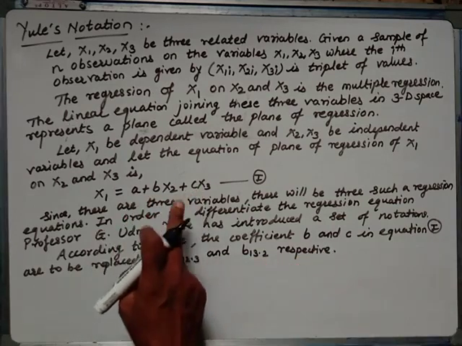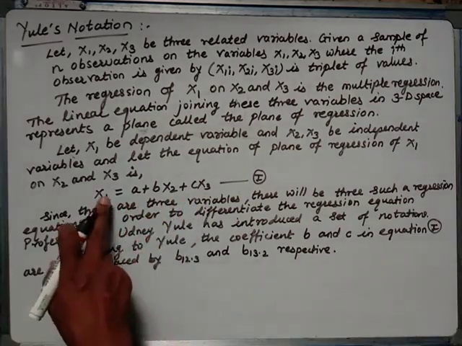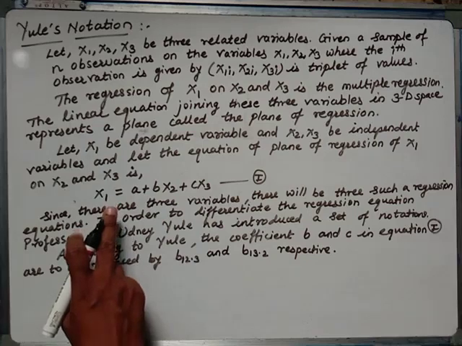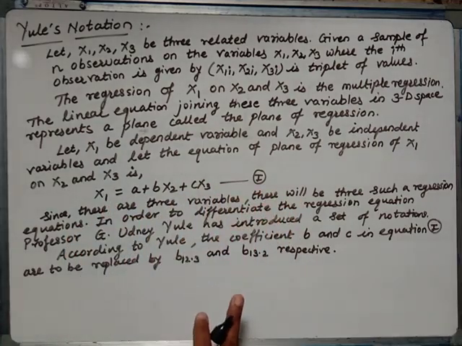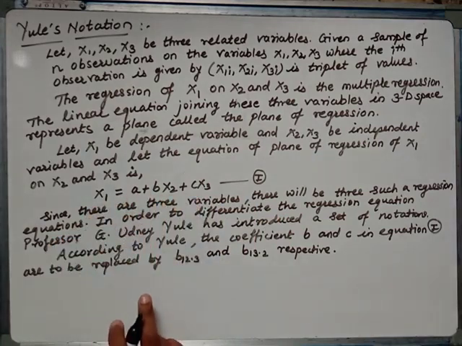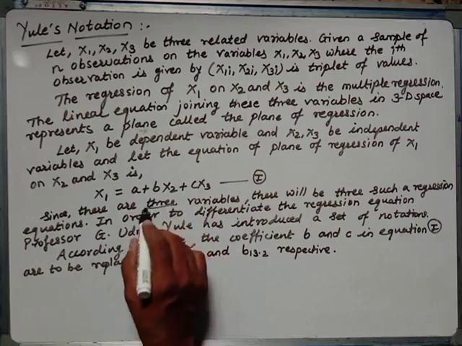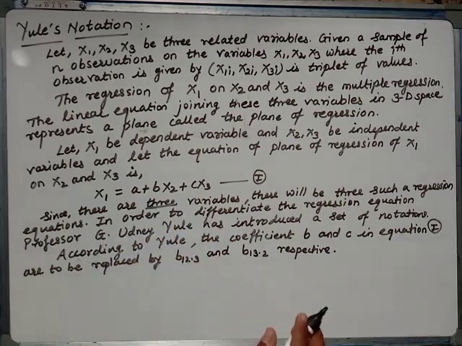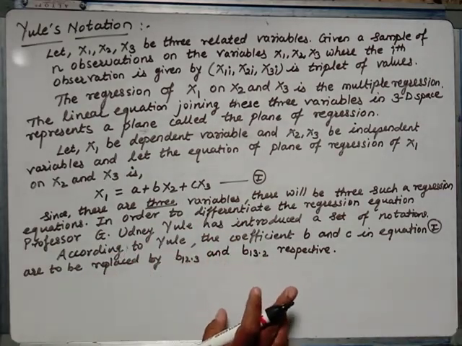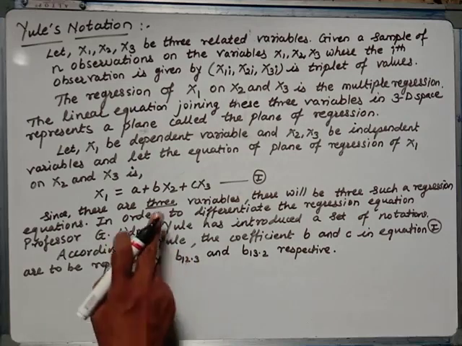Now here we have given just one equation where x1 is represented in terms of x2, x3. In the other one we can write x2 in terms of x1, x3, and x3 can be represented in terms of x1, x2. These are the 3 equations in 3 variables. So such 3 equations of plane of regression we can write. And what are the coefficients?